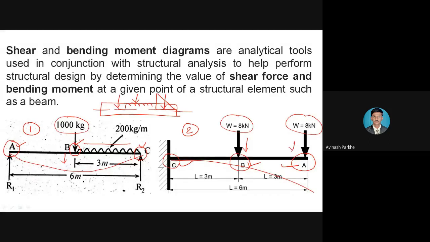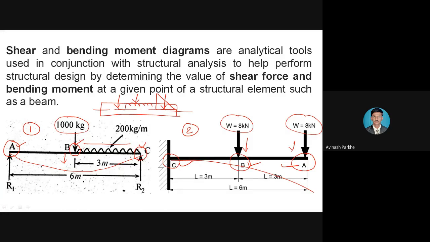We are calculating the shear force at points A, B, C, D, E, F, based on the number of points available in that particular beam. Similarly, we are calculating the bending moment at points A, B, C, D, E, like that, for the number of points present in that beam. After the calculation, by using that shear force and bending moment, we are going to draw a diagram.